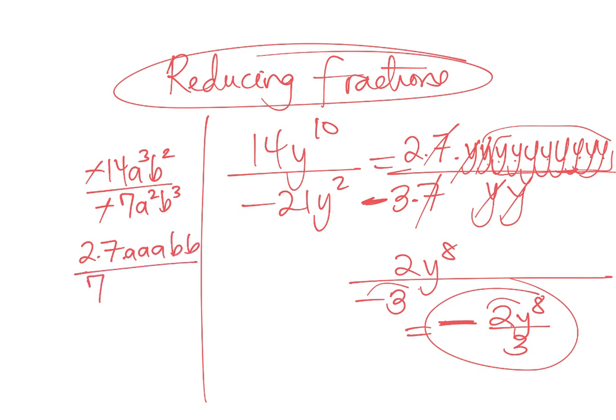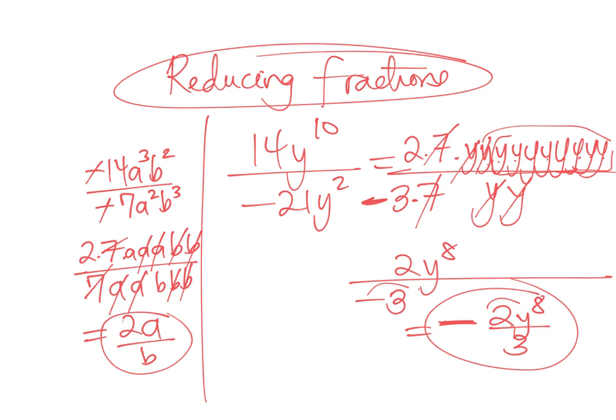And then you have 7 in the denominator with 2 a's and 3 b's. 2 of the b's will cancel, right? And 2 of the a's will cancel. Oh, sorry, the 7s cancel. So you have 2a divided by b, and that will be the answer to that problem.